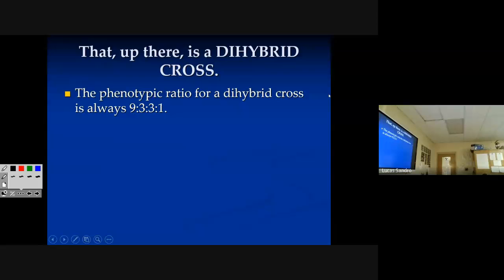Nine to 3 to 3 to 1 would be a good ratio to memorize. But it only applies when both parents are heterozygous for 2 different traits.